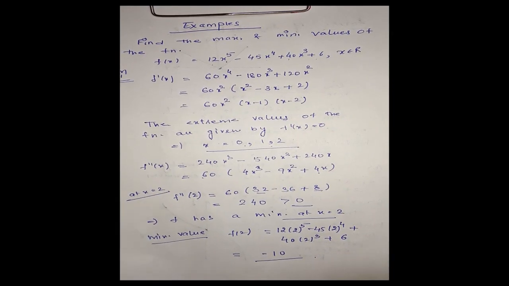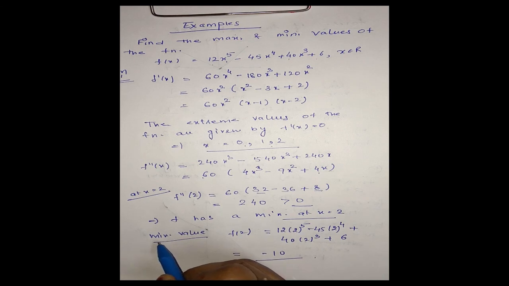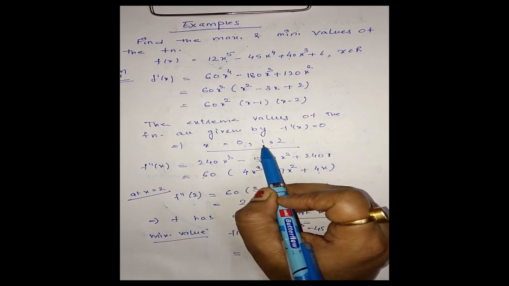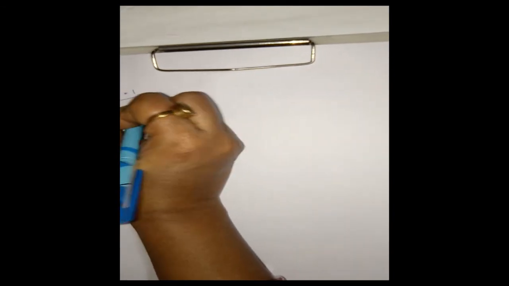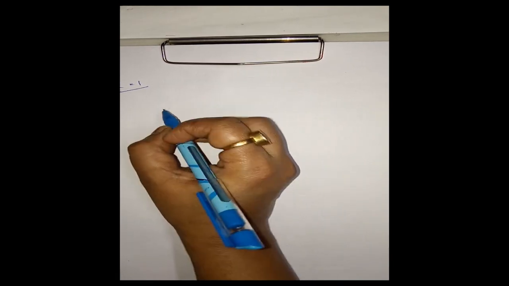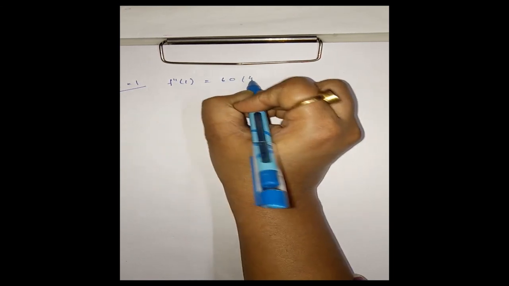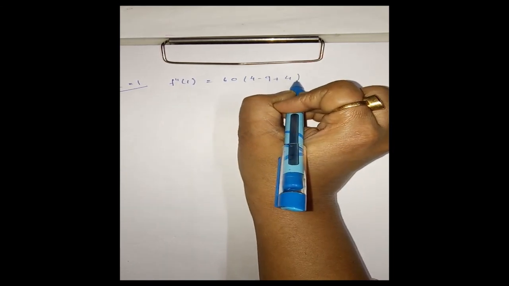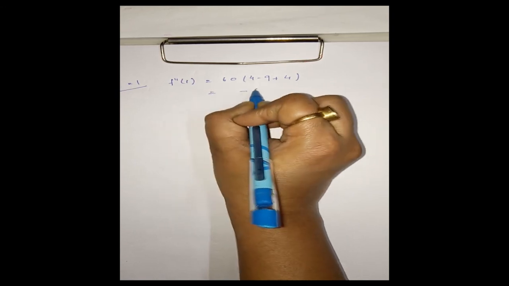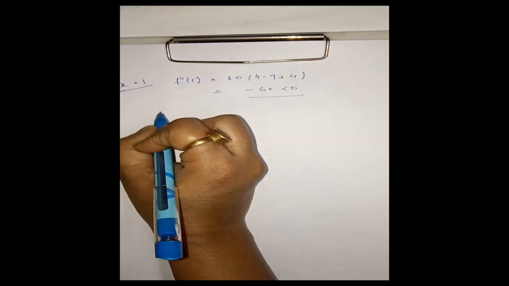Now we will check for maximum or minimum at the points 0 and 1. For x equal to 1, f double dash at 1 is equal to 60(4 - 9 + 4), that is minus 60, which is less than 0.